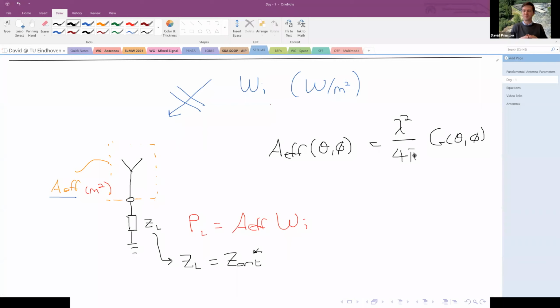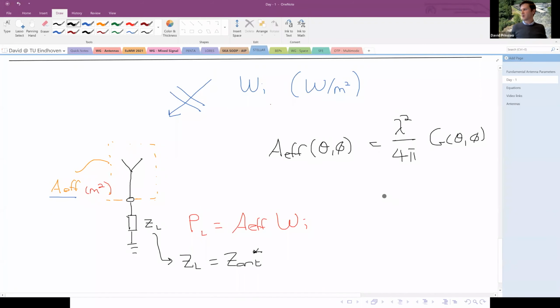For example, in the form of a dipole, we actually just have a thin wire. It can have a relatively large effective area. But once you start looking at aperture antennas, you'll notice that your effective area can never really reach the physical aperture of your antenna. It always approaches that at best.